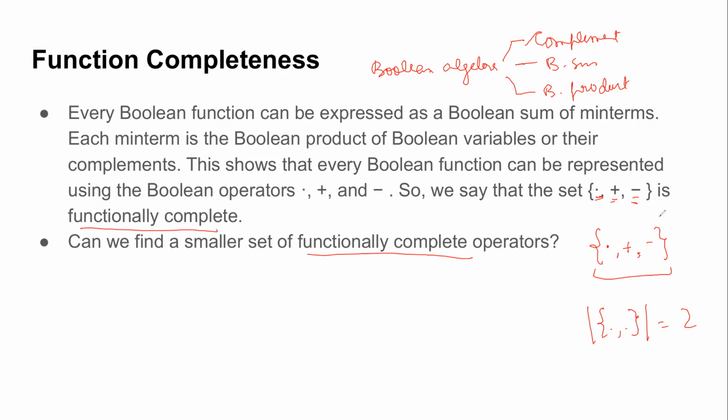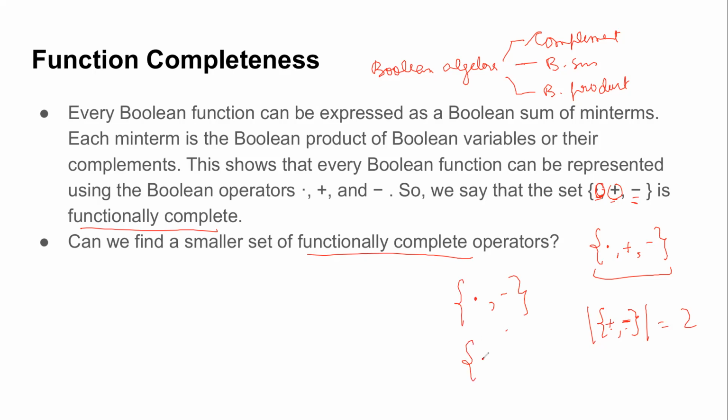So, what is our requirement? Our requirement is I need two operations out of these three which can perform all the operations. That means, suppose I take Boolean sum and complement, it should somehow be able to represent Boolean product as well. Then I can say it's functionally complete. Or if I take Boolean product and complement, it should be able to perform Boolean sum without using it directly.